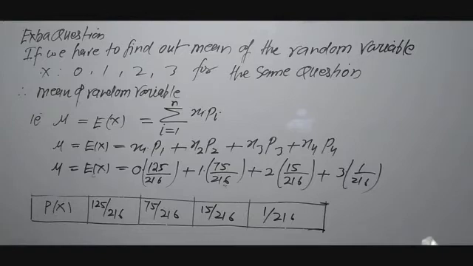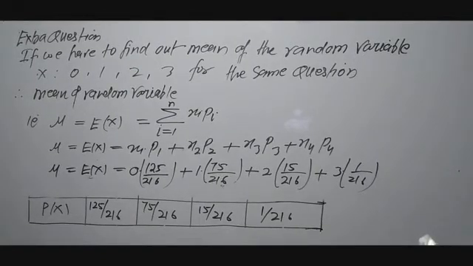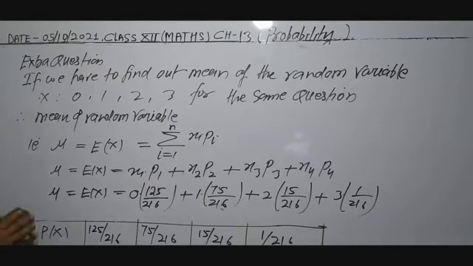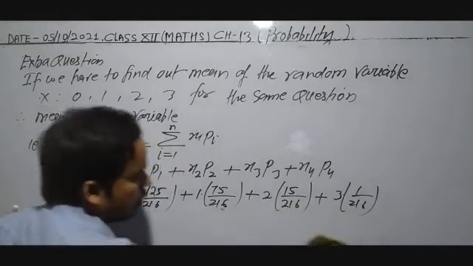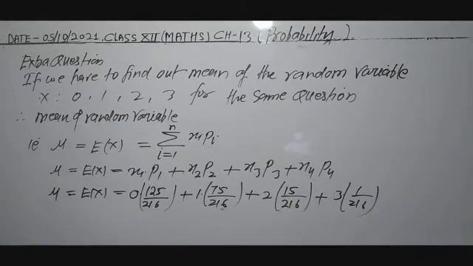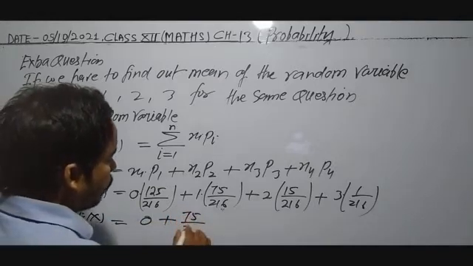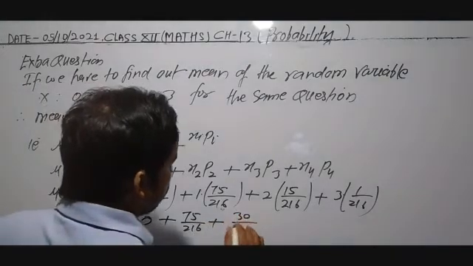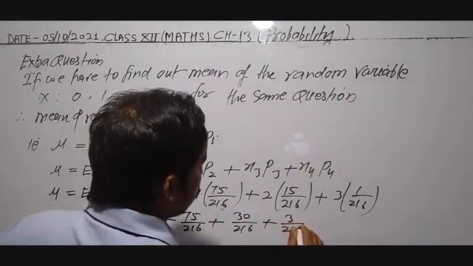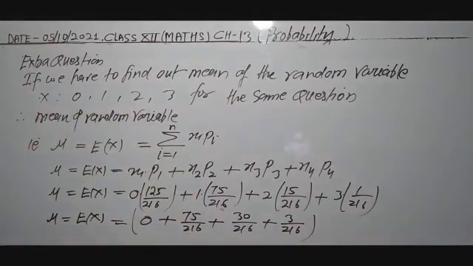See, now what will the calculation be? Mu is equal to E of x, which is 0 plus 75 by 216 plus 30 upon 216 plus 3 upon 216. Now we have to add these fractions.